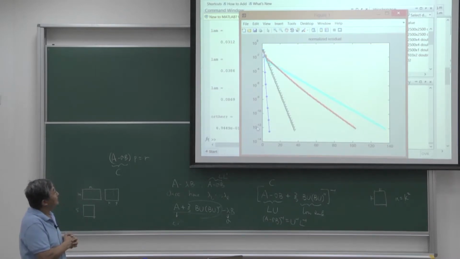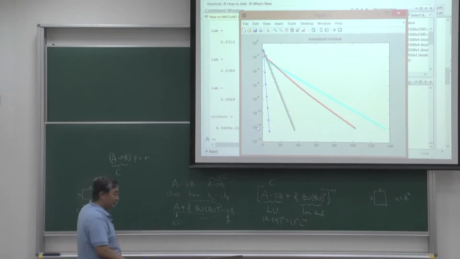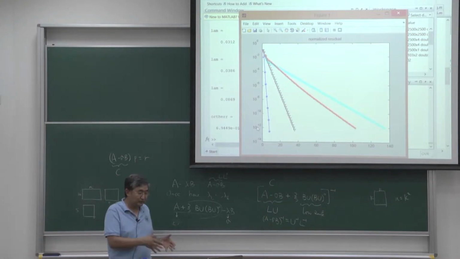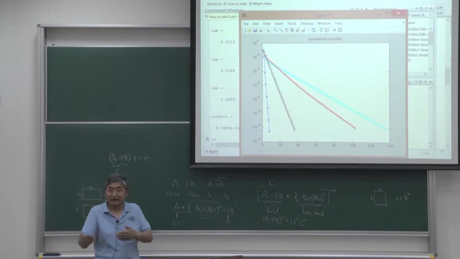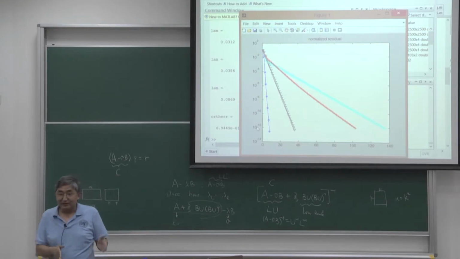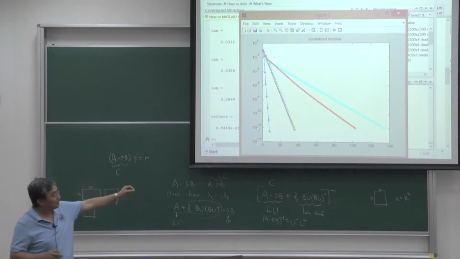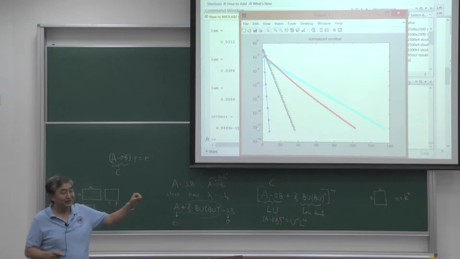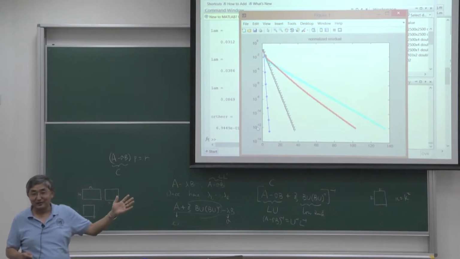Now, yesterday we mentioned that you could use a different preconditioner for each eigenvalue. You can change it every iteration. In this code, I didn't make that fancy. I just pick the shift for every eigenvalue and use one preconditioner.